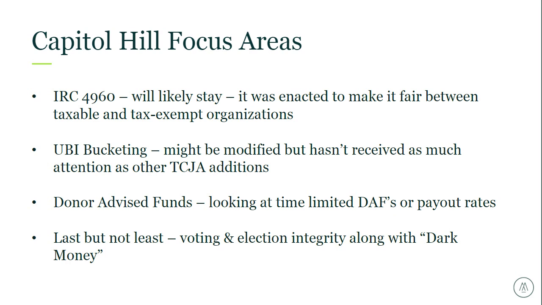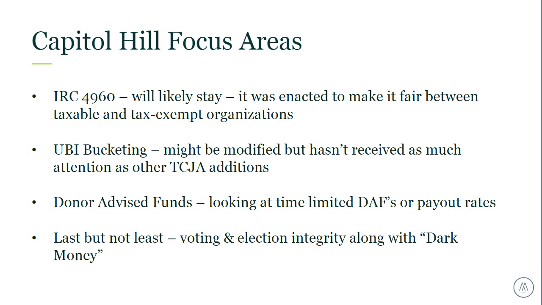So some restrictions with regards to donations being given out or having some sort of payout rate, whereby the donor gives to a donor-advised fund, and the donor-advised fund just sits there and doesn't actually get distributed out to the community or a charitable organization that could benefit from those funds. So they're looking at having either a time limit or some sort of payout rate structure in there. But definitely more to come on that. There hasn't been as much movement, and so we'll see what happens there.